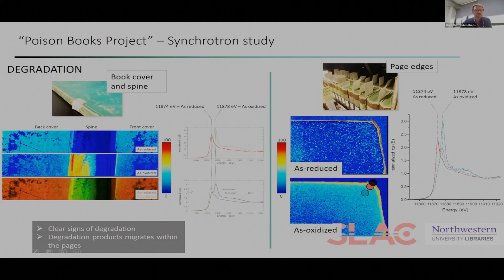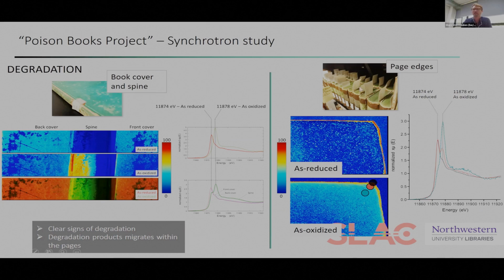And so you can see that this technique allowed us to clearly see that the spine is oxidized and therefore degraded, which is a good indication that something happened which seems to be related to either contact with oxygen or light, because the cover, which is covered with other books, is not affected as much.